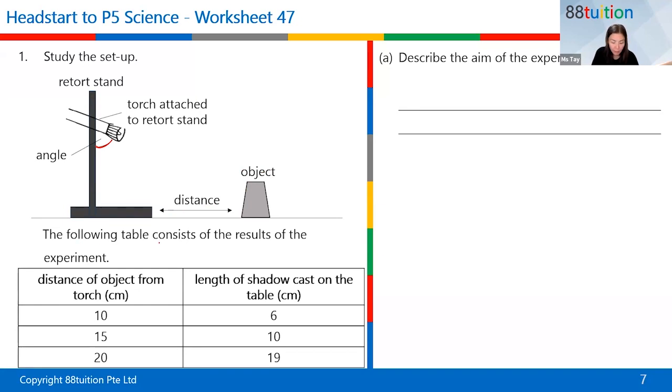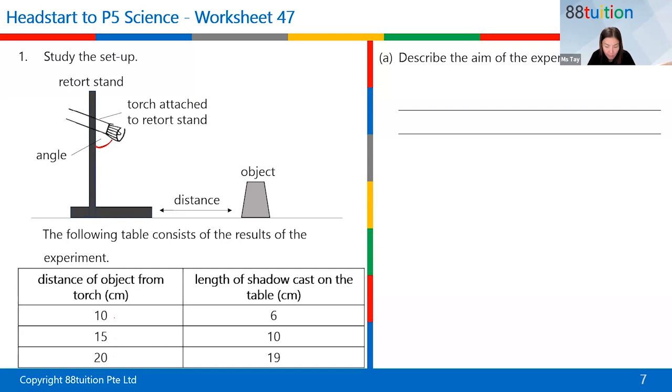Now, the following table consists of the results of the experiment. Distance of object from the torch, they actually put this as the distance from the torch. Then the length of the shadow cast on the table, so you have 6 cm, 10 cm, and 19 cm, following the various distances indicated.